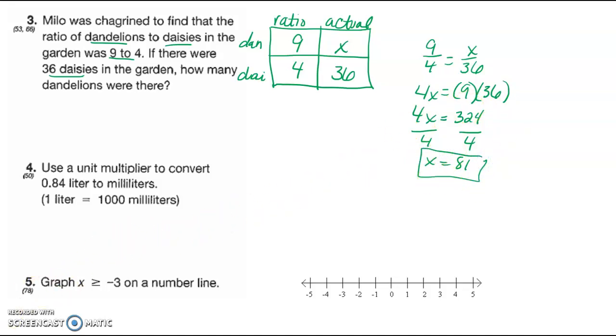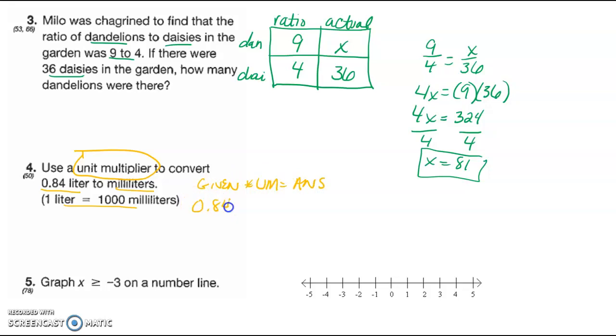Okay. Let's see. This one says use a unit multiplier to convert 0.84 liters to milliliters, and it gives you the unit multiplier right there. So we have given times unit multiplier equals our answer.